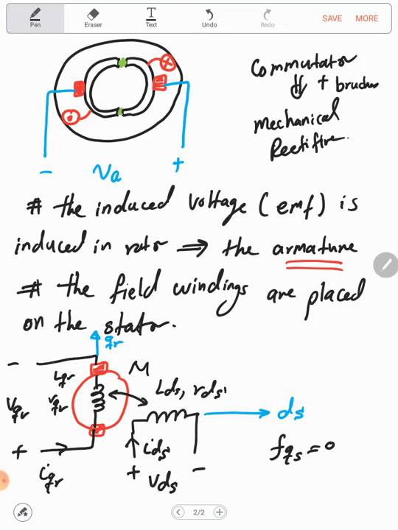Why? Because we don't have any coil there. And also FDR equals 0. Why? Because we don't have any coil in the rotor in the direction of the DR. We're only having two coils, one in the direction of the D, which is DS, and the other one in the direction of the QR.